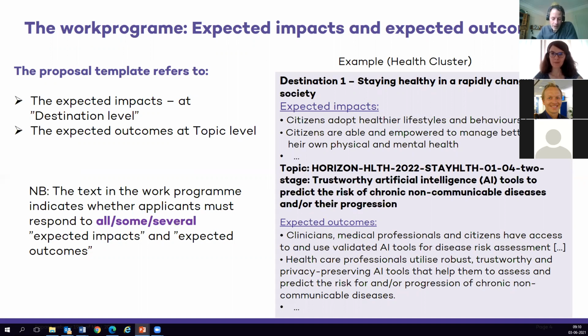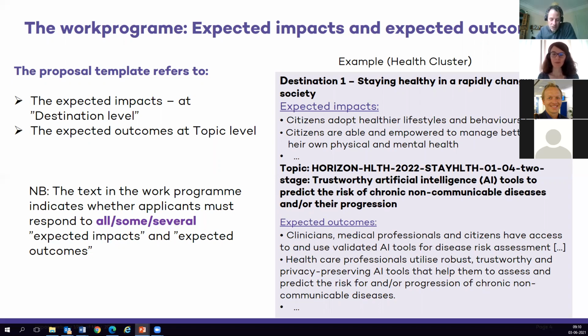Now with this slide, I want to draw your attention to the fact that the impacts that your project is supposed to contribute to are defined in the work program at 2 levels. If you don't know what a work program is, a work program is a catalog of research and innovation topics that you can apply for. So the expected impacts are defined at the destination level and at the topic level. The work program comprises a number of chapters called destinations.